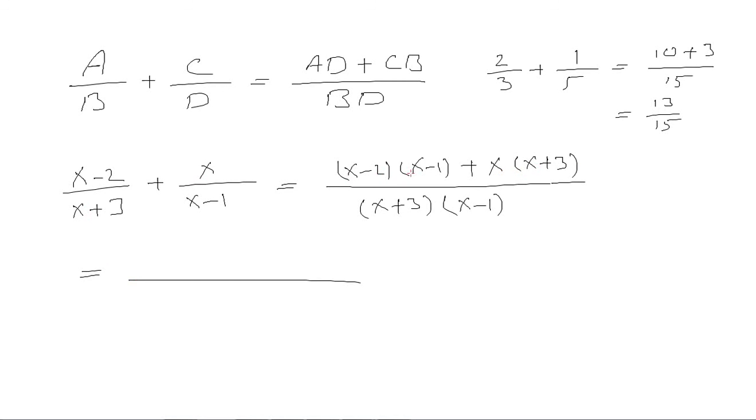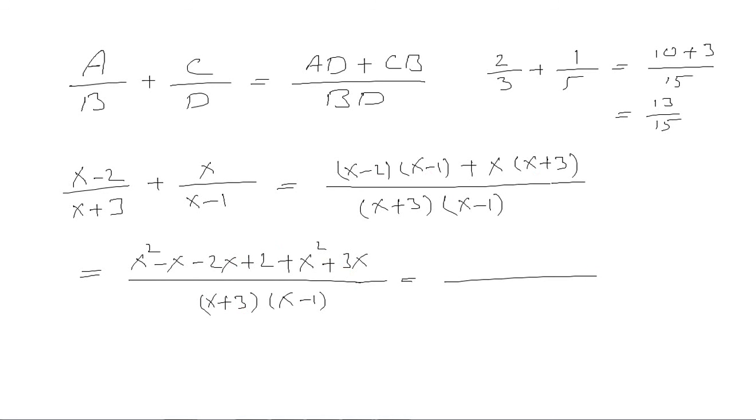We get x times x, so x squared, x times negative 1, negative x, minus 2x plus 2 plus x squared plus 3x over x plus 3 times x minus 1.